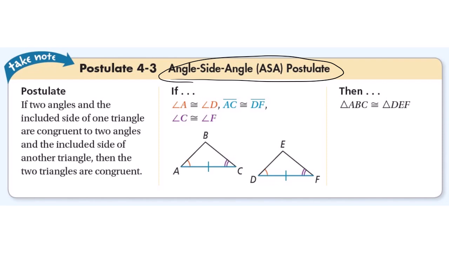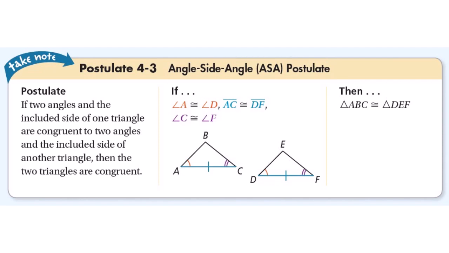So instead of proving, like we did originally, that all angles and all sides are congruent, we can just prove that two angles and the included side are congruent on two triangles, and that's enough to say that the two triangles themselves are congruent, right? All the rest of the angles and all the rest of the sides are also congruent. Their corresponding parts are congruent, right?